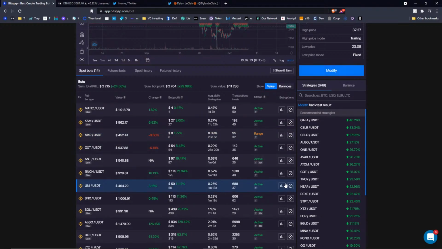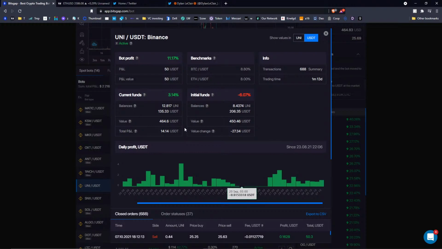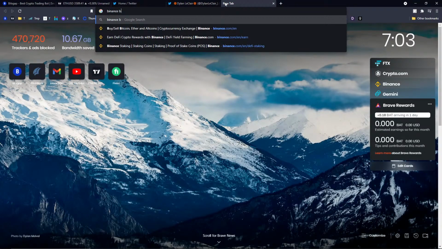Uni sell, it would sell 12.817 Uni, and that way I would be out from the market with 464.6 USDT minus the fee you pay for the market sell order. Which is around 0.08% on Binance fees. Let's see.